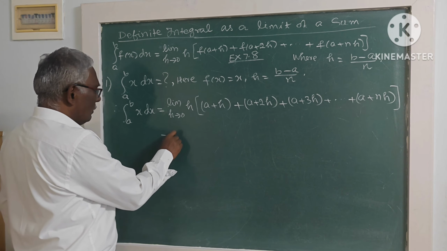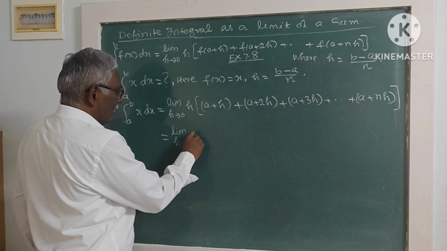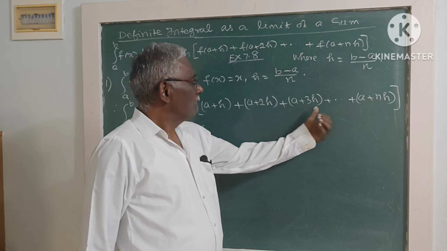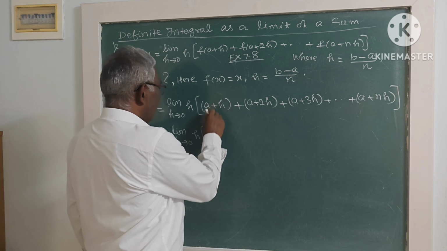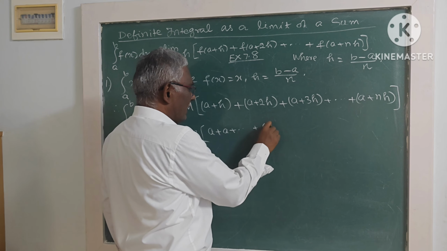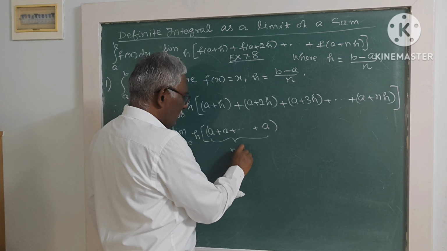Now this is equal to limit h tends to 0 h into, we'll take all the a's: a plus etc. plus a. This comes n times.